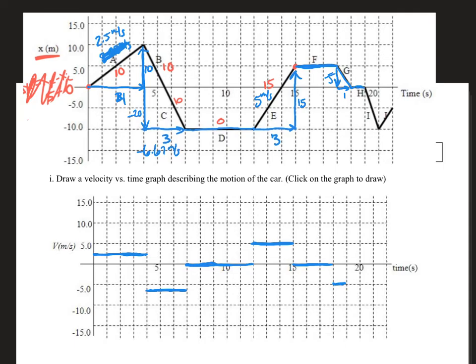H has a slope of 0, so velocity of 0 for 1 second. I, in 1 second of run, drops from 0 to -10. So that slope is -10 from 20 to 21. And then this last section J here, the run is 1 second and it rises 5.